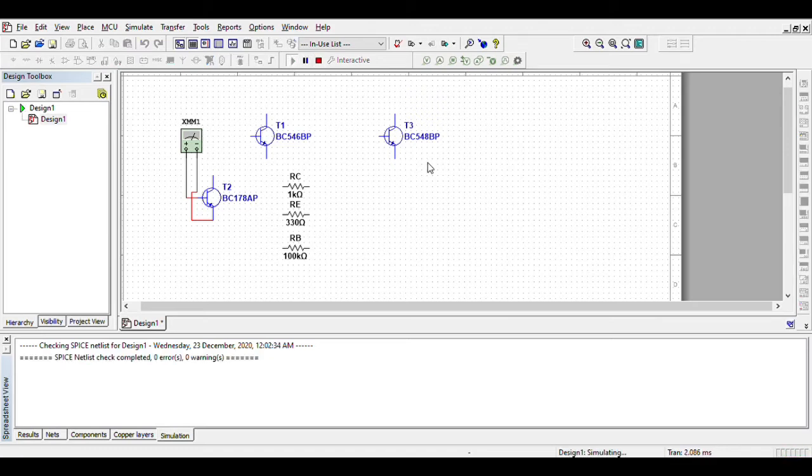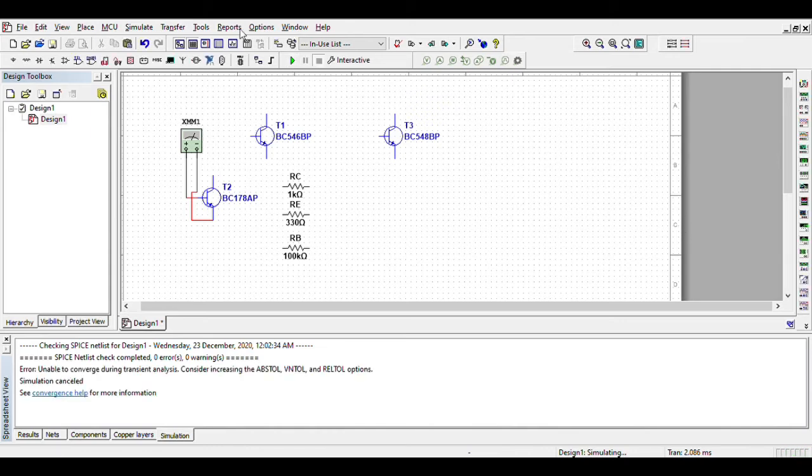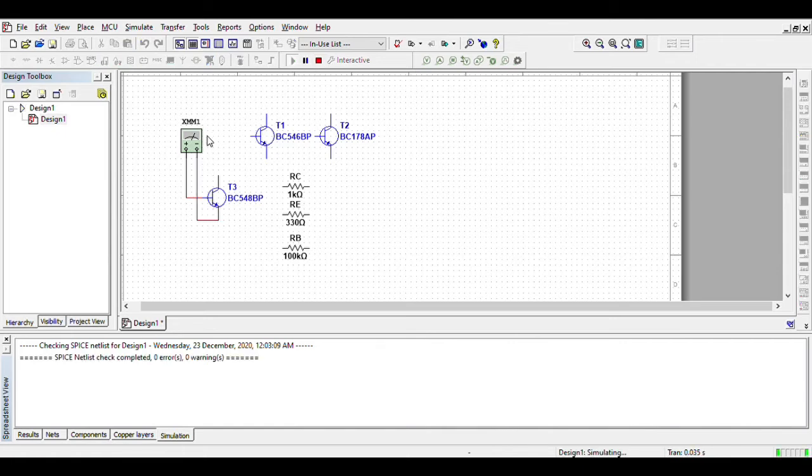A simulation error has occurred, and this is because the transistor is actually a PNP type. That is why an error has occurred. Next, we will test the third one. Let's run the circuit, and we get 36.452 mega ohm. So we're done with our transistors.